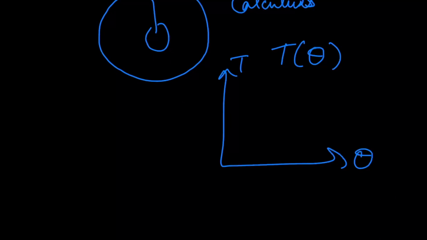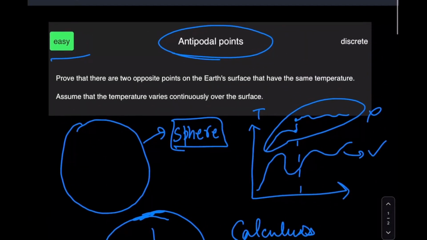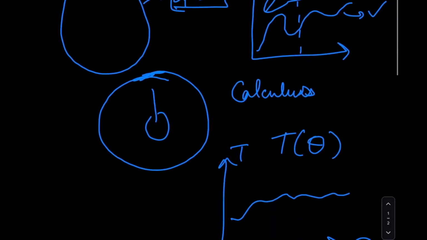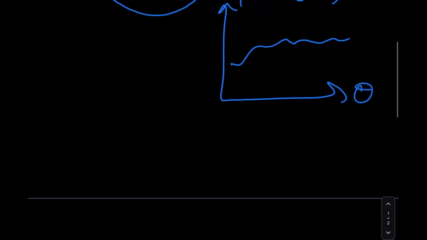So the neat trick is that we've been given that the temperature is a continuously varying function, but eventually we've been asked about the difference in temperature. It's saying that two opposite points on the Earth's surface have the same temperature, which basically means that the difference of temperature is zero.